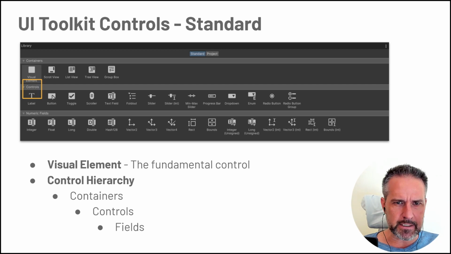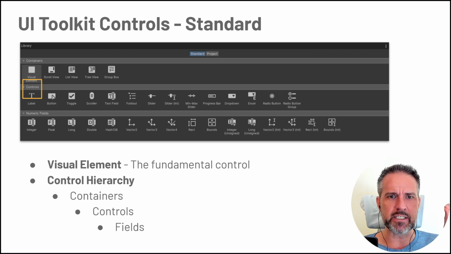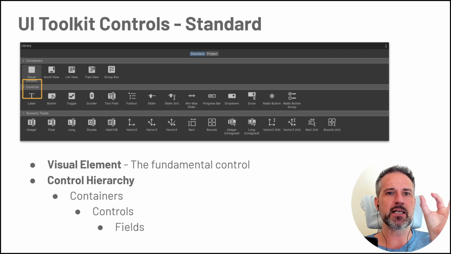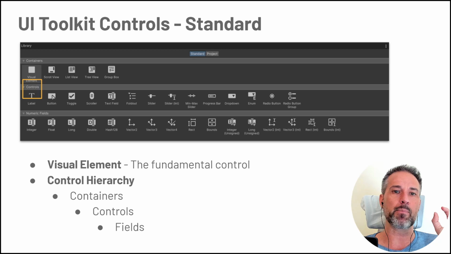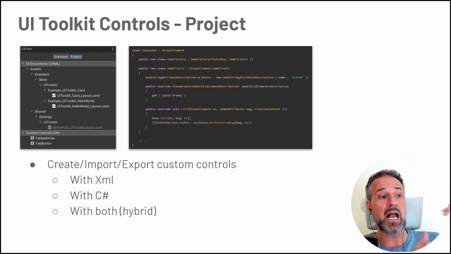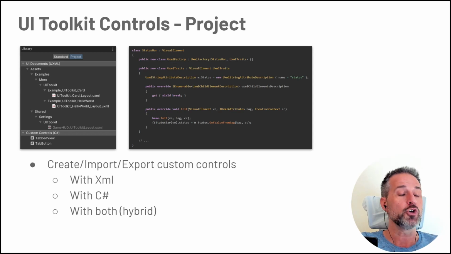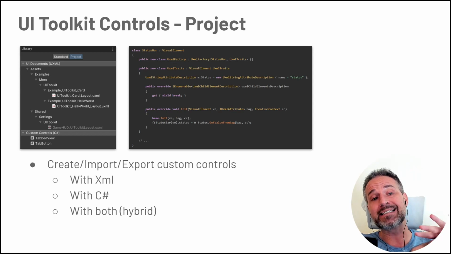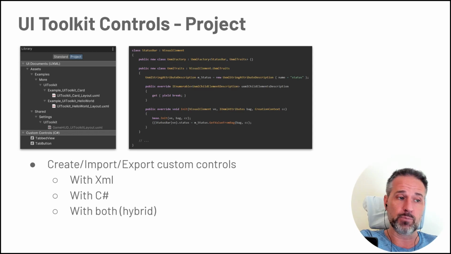Then you notice at the top of the library image in the dead center, it says standard, but then it says project. If we were to click that project button, we would come over to the second view here, which is what are the controls, not that Unity's given us, but that I as a developer have created in my own project. So you're able to replicate exactly any control that you've previously seen.